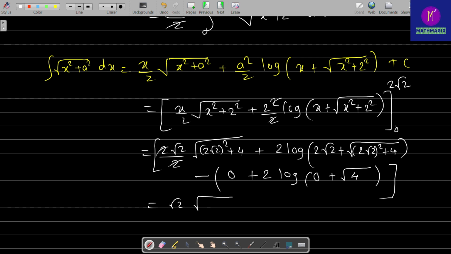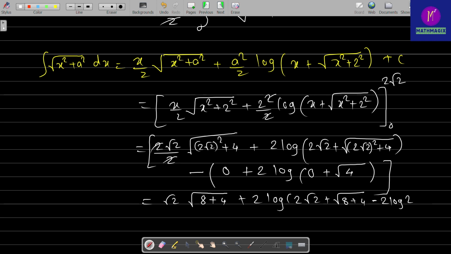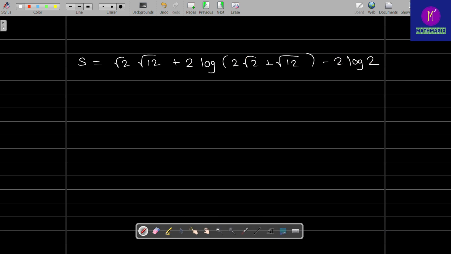The square root of (2 root 2) square is nothing but 4 into 2, that is 8, plus 4, plus 2 log of 2 root 2 plus square root of again 8 plus 4, minus 2 log 2. So this is equal to root 2 into root 8 plus 4, which is root 12, plus 2 log of 2 root 2 plus root 12, minus 2 log 2.